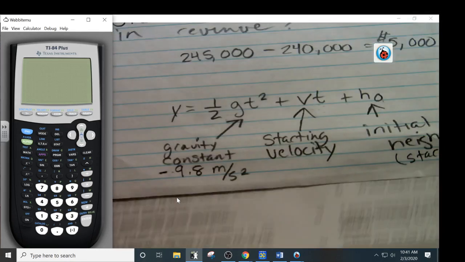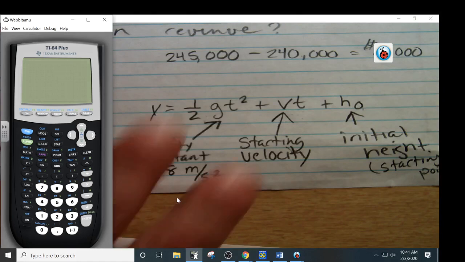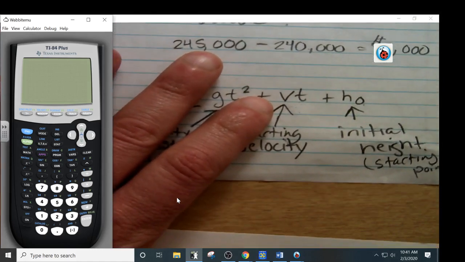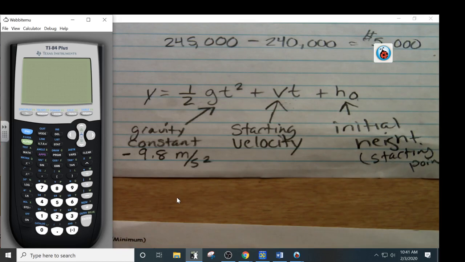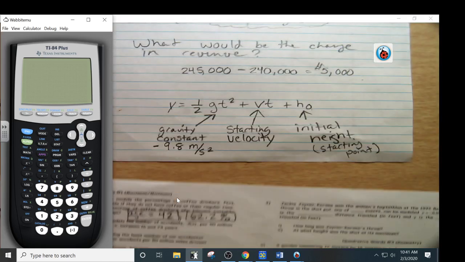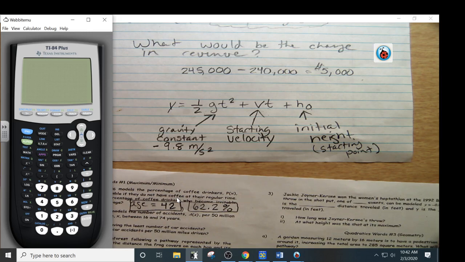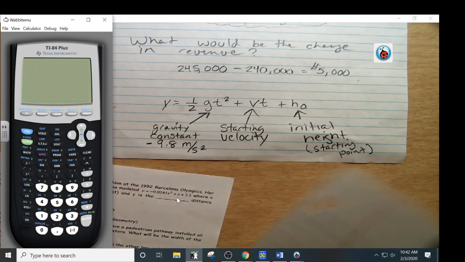Okay. Initial height. All right. Okay, so guys, let's look at the bottom part.